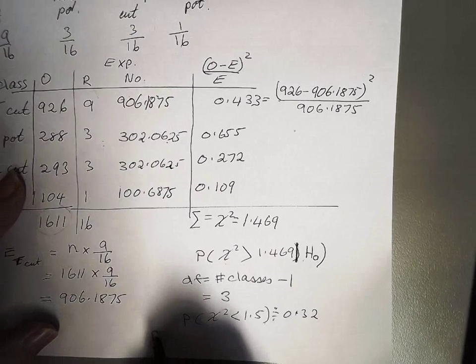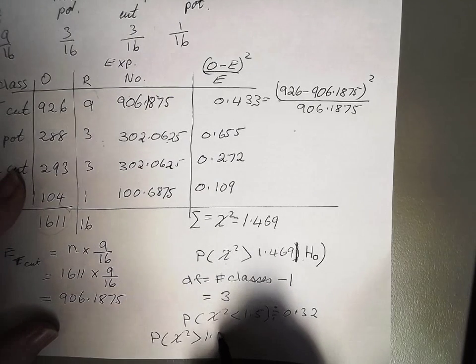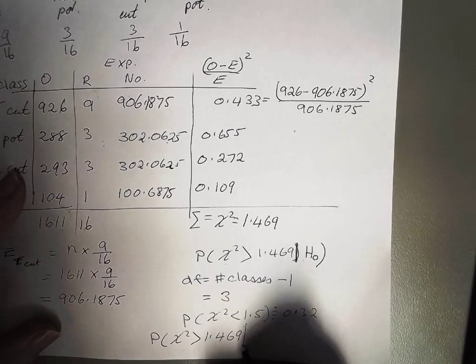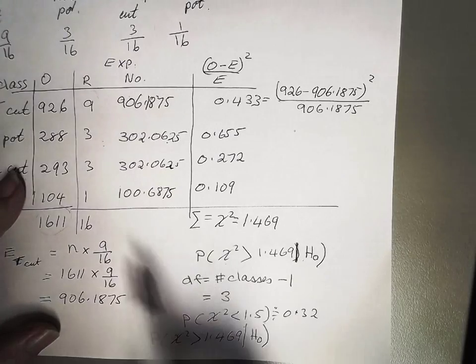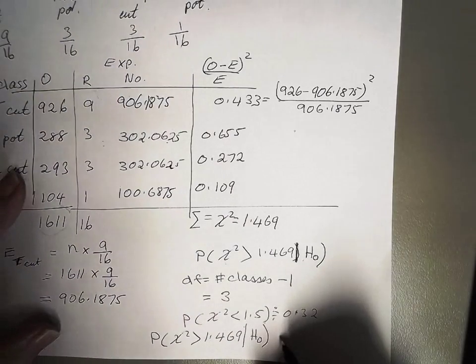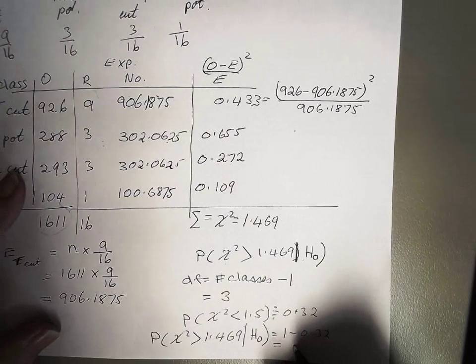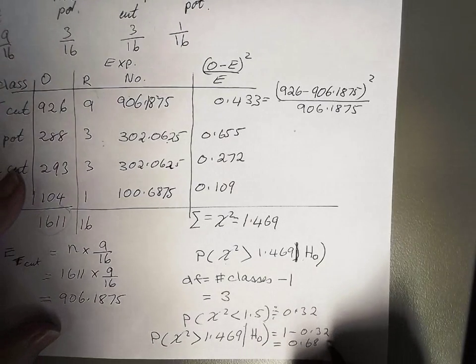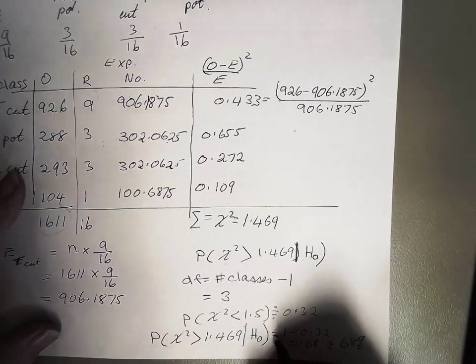So the probability that the chi-squared is greater than 1.469, given that our null hypothesis is correct, in other words, we do have the right genetic conditions to give us a 9331 ratio, is equal to 1 minus 0.32, which is equal to 0.68, approximately 68%, because these are all approximates.